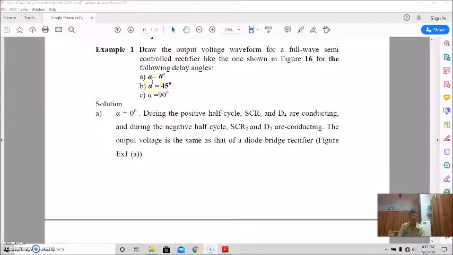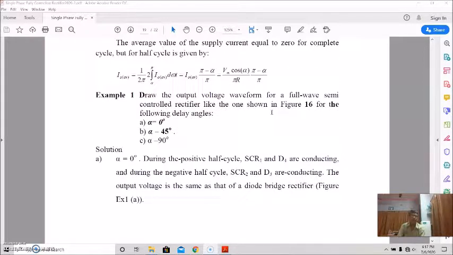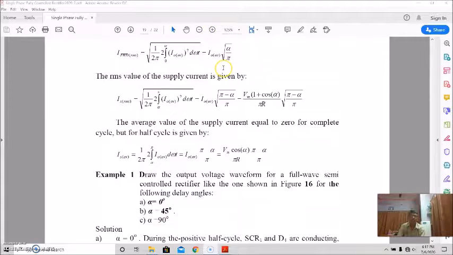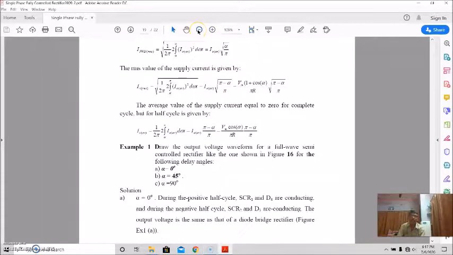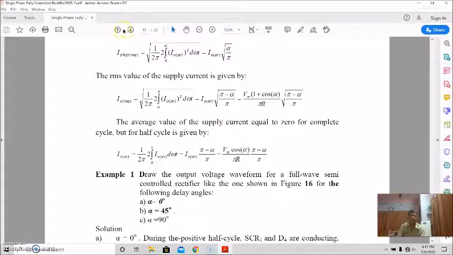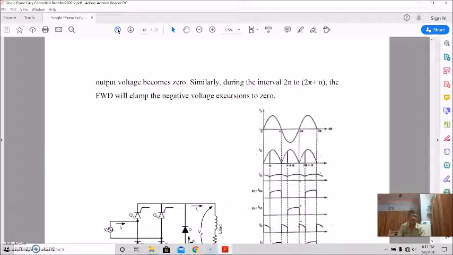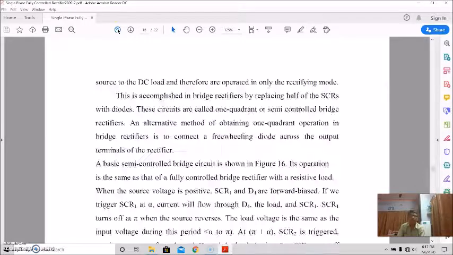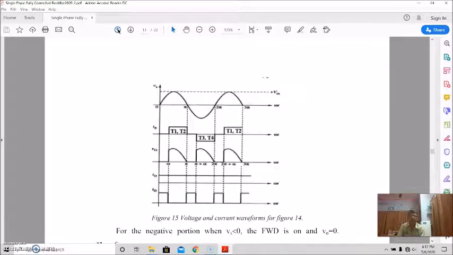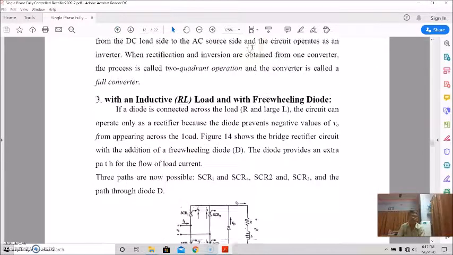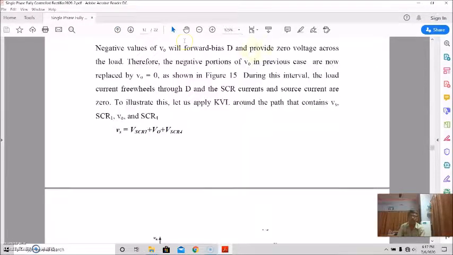Before coming to the solution of this problem, let us refer to figure 16.